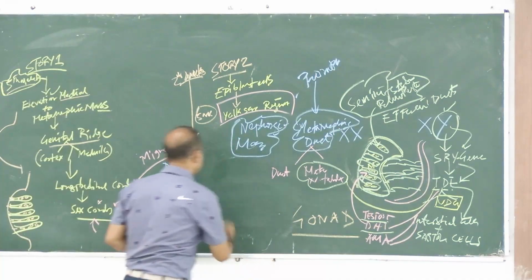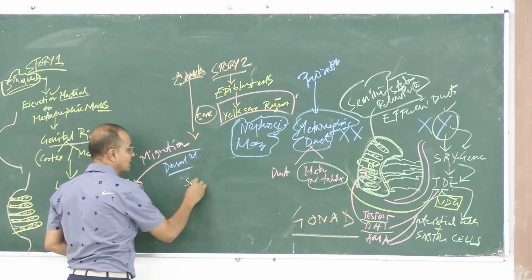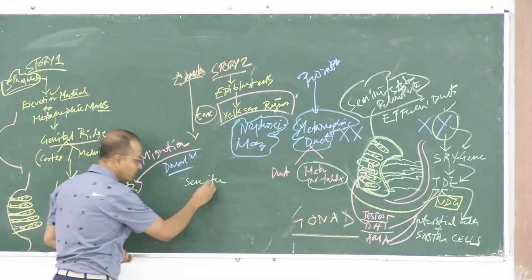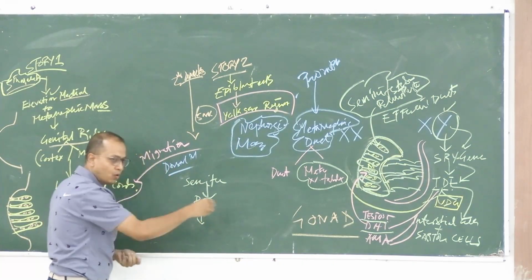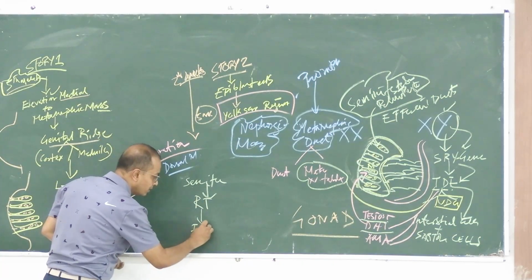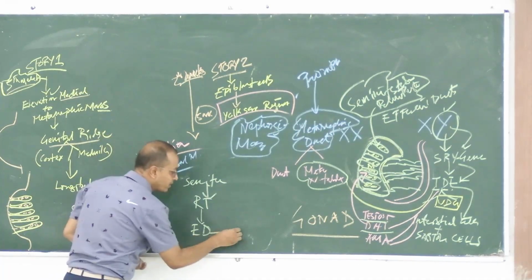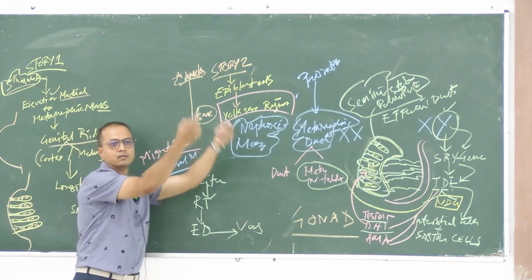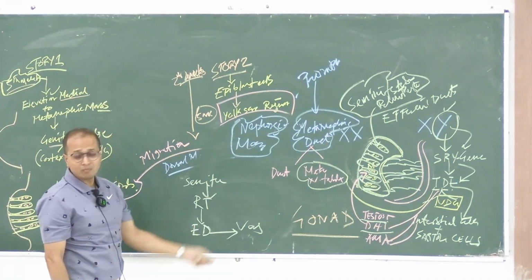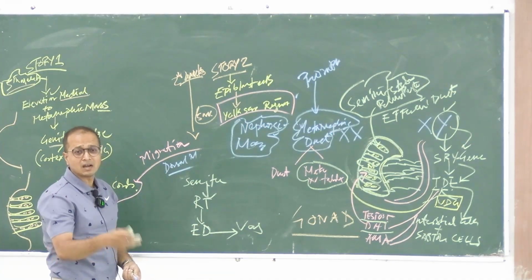Now if you see these testicles, we have these seminiferous tubules. Seminiferous tubules go to the rete testis. The rete testis goes to efferent ducts and efferent ducts become the vas, and after that the vas leads to this particular element, we call the ejaculatory duct.